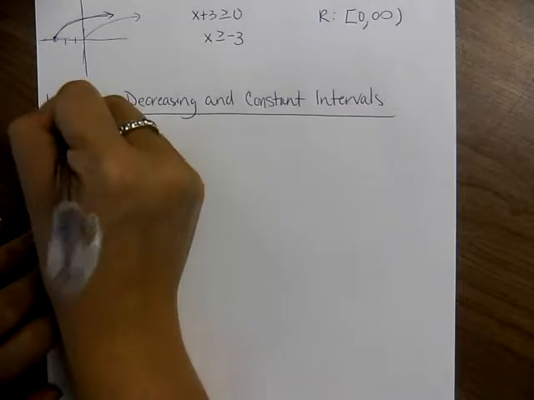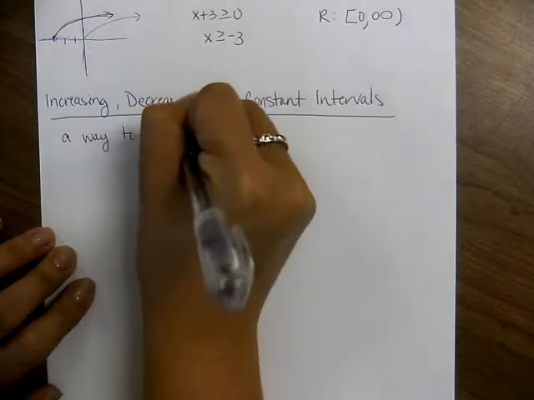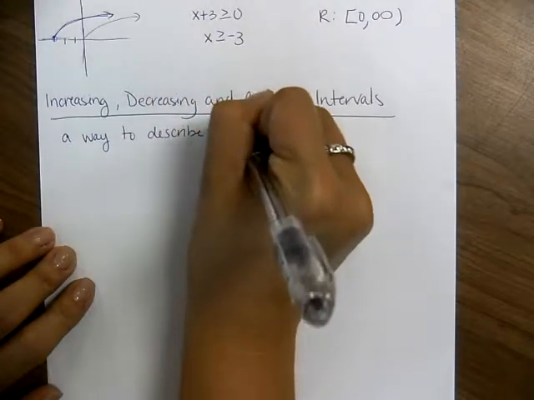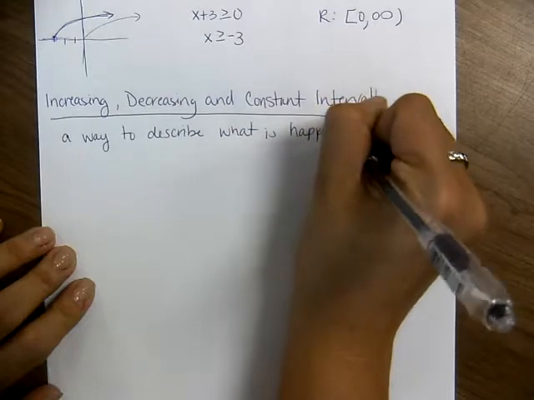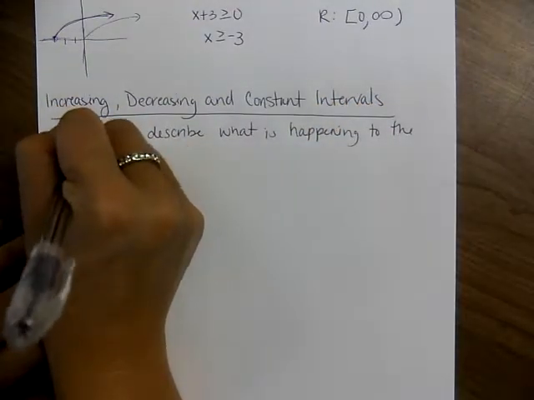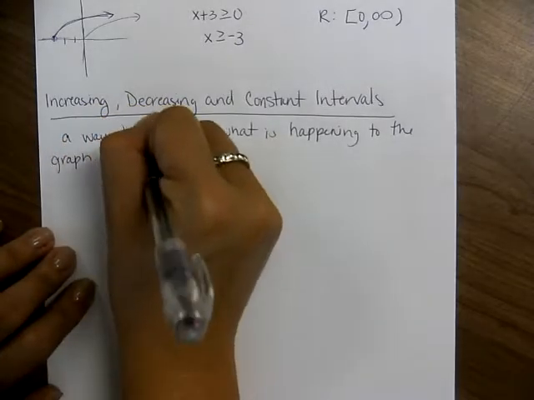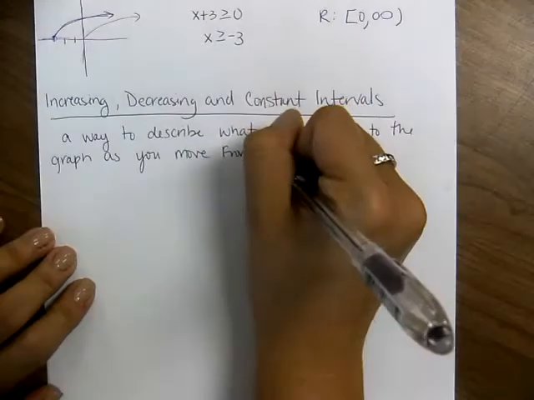Okay, so basically this is a way to describe what is happening to the graph as you move from left to right.